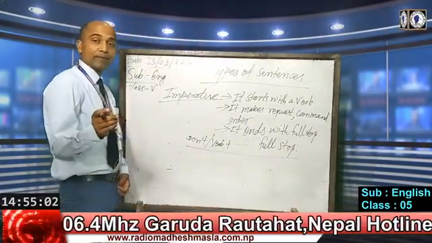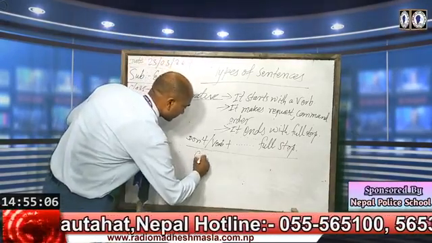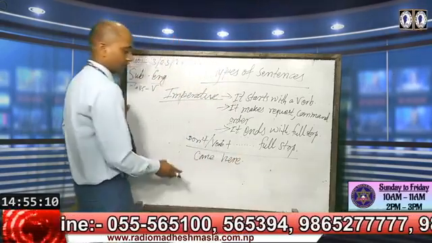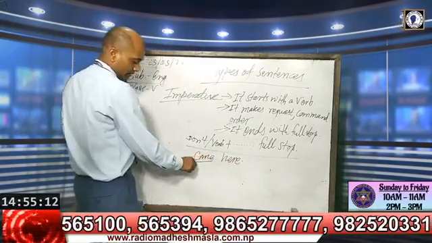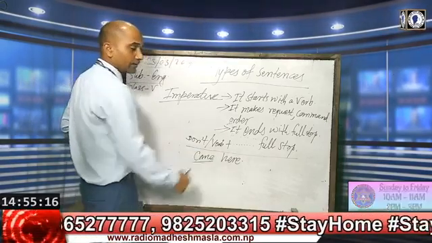Let me write an example of the imperative sentence. Come here. Come is the verb 1, and it makes a command.